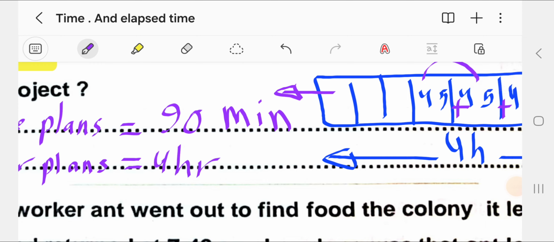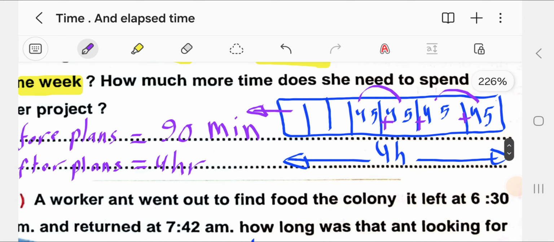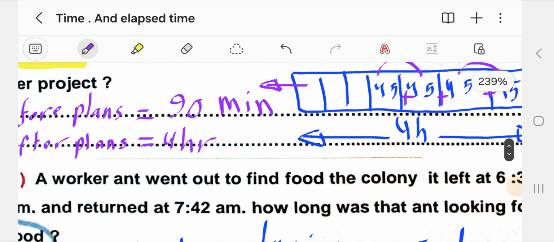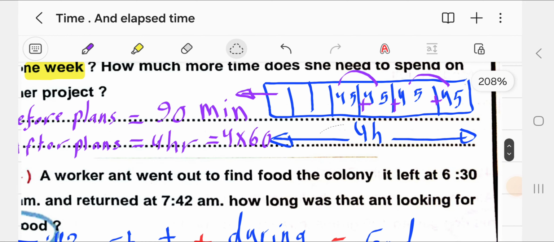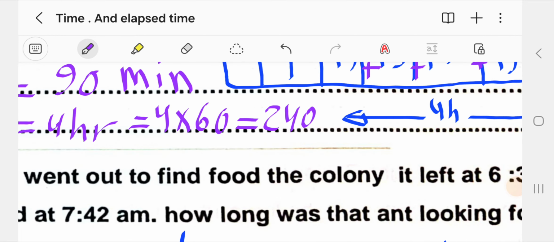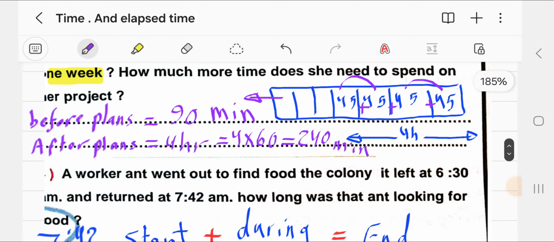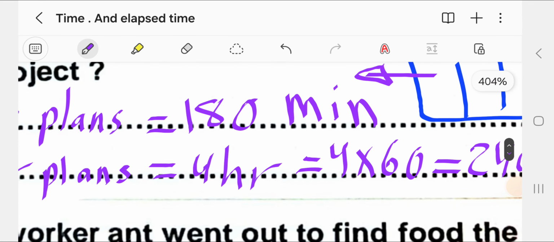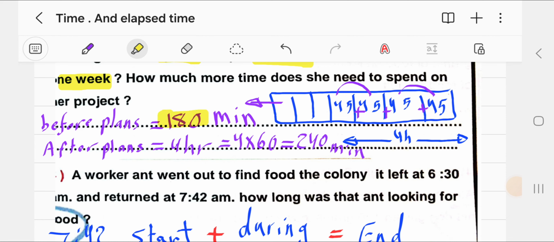I need to convert 4 hours to minutes. From what we explained above, to convert from hour to minutes I make it times 60. So I take 4 by 60 and it becomes 240. So at first she was working 180, she changed her mind and wants to work 240.